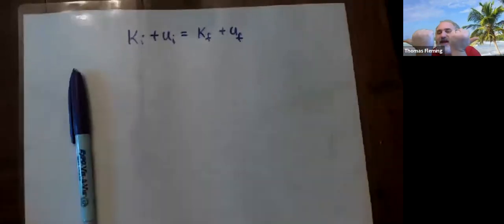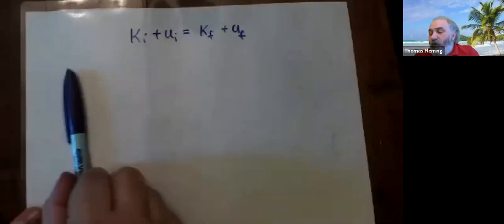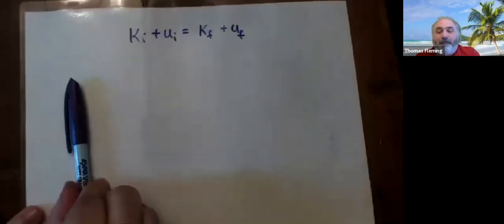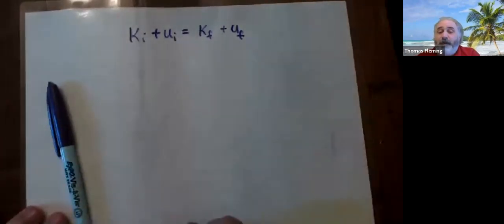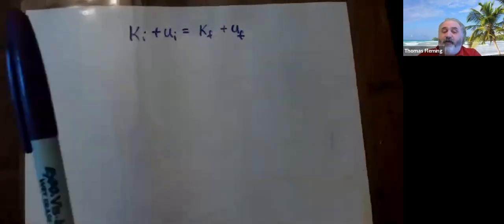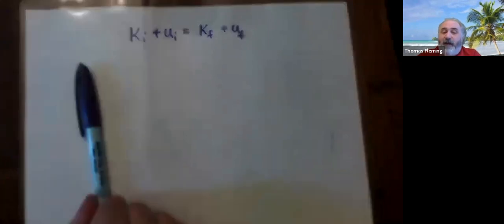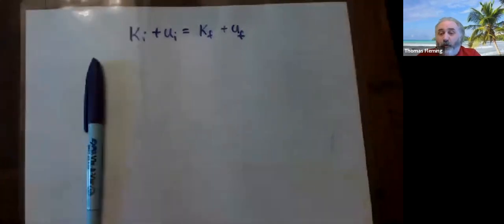So the angle between F and D was 180, both on the way out and on the way back. And -5 plus -5 is -10. That's not zero. Gravity, when I lift something up, does negative work. When I drop it back down, it does the same amount of positive work, so that the total was always zero.